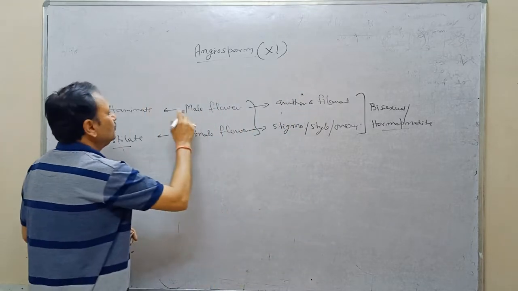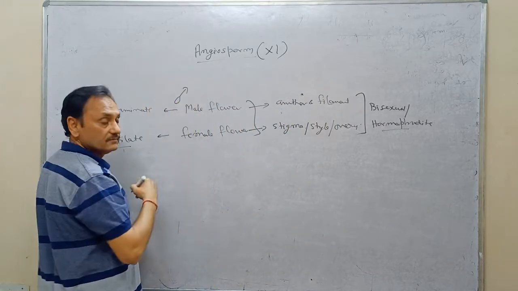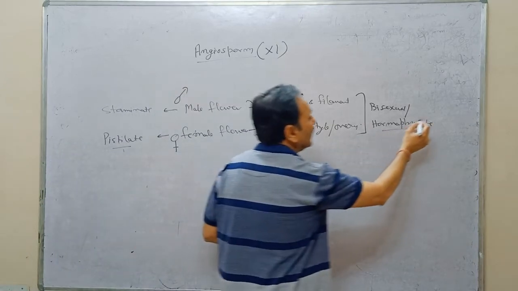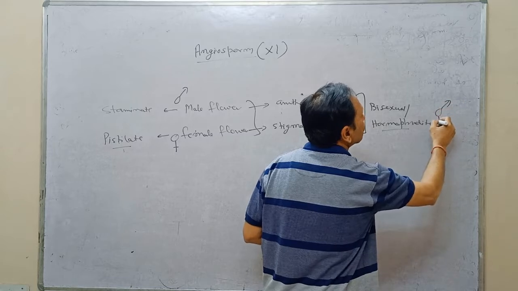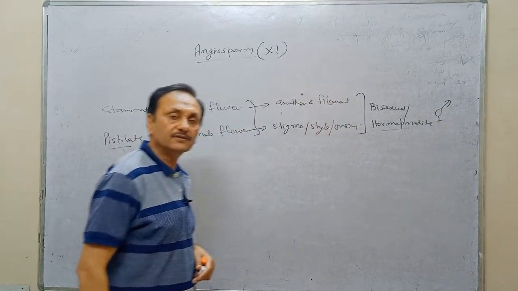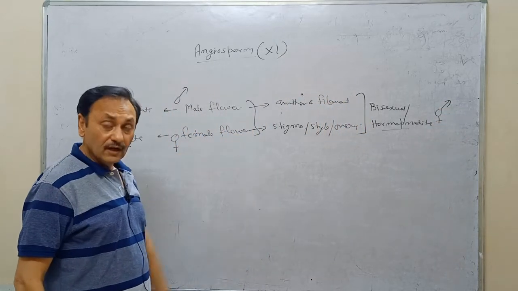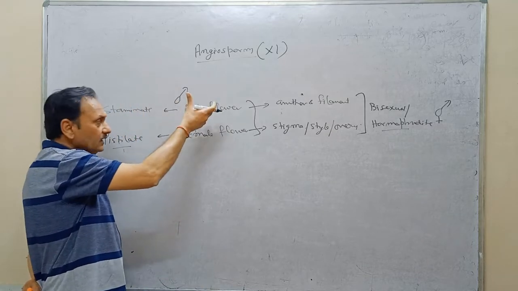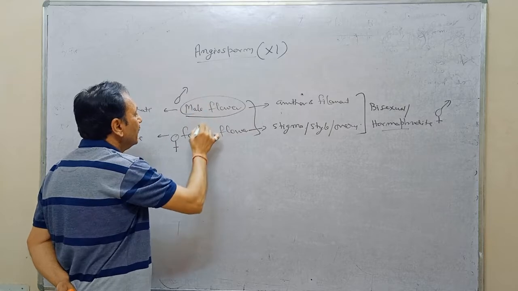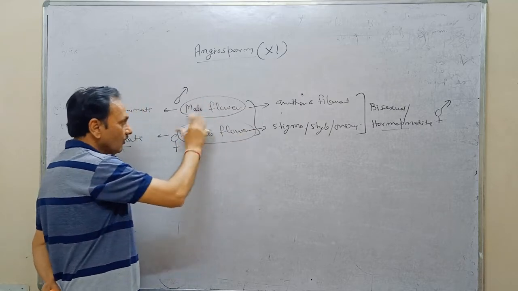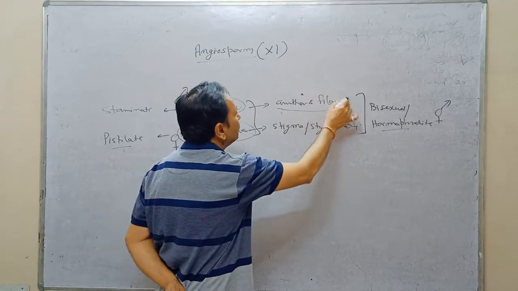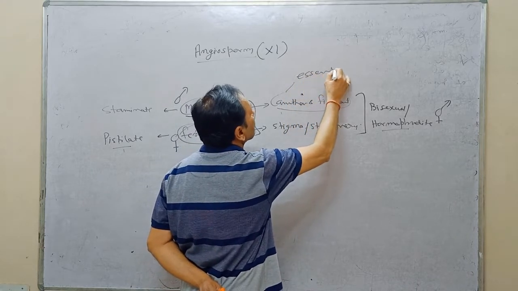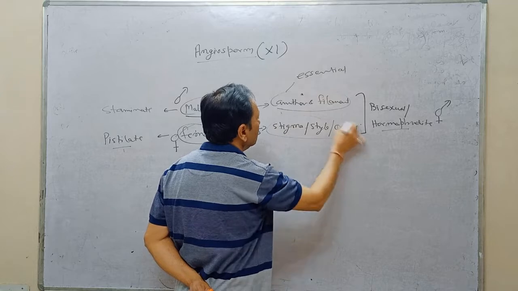The sign of this particular male flower is this. The sign of this particular female flower is this. And the sign of the hermaphrodite flower is both male and female. But a typical flower has these particular parts: the male part, with anther and filament, is called essential.